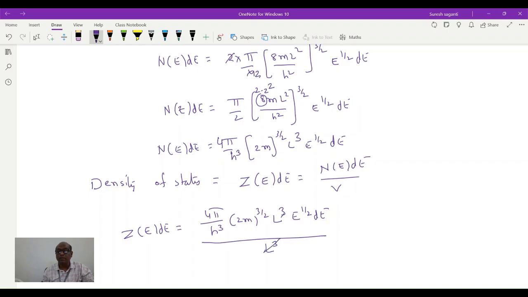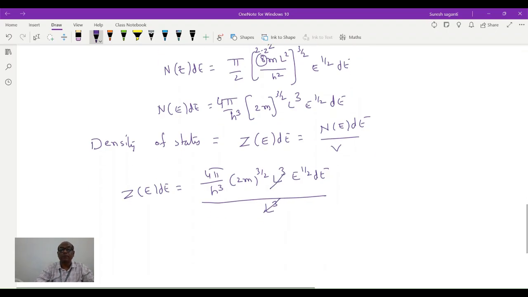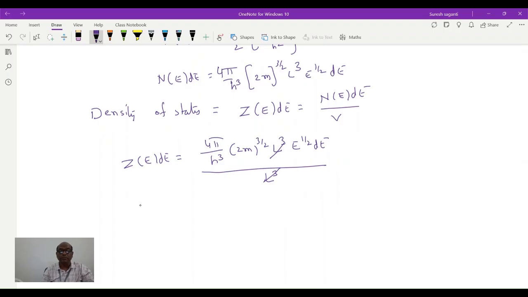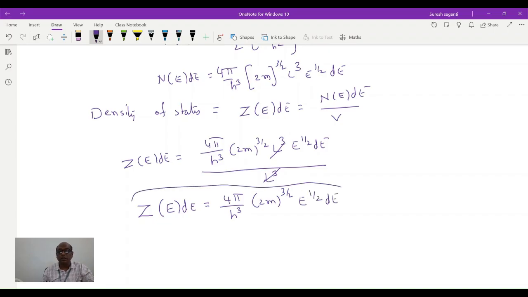L cube cancels. So finally, the expression for density of states is Z of E dE is equal to 4 pi by h cube 2m to the power of 3 by 2 E power 1 by 2 dE. So this is the expression we are looking for.